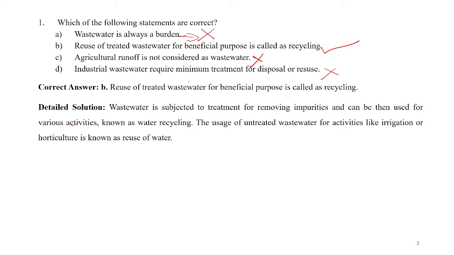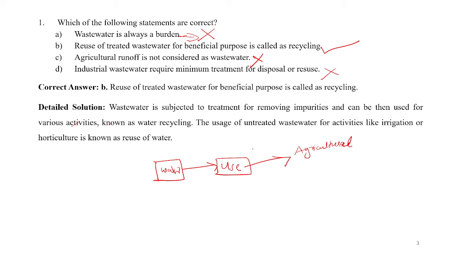The reuse of treated wastewater for beneficial purpose is called as recycling. So there are two terms associated with this. First, you have your water, you are using it. After use, you can use this water without treatment for some purposes like agricultural purposes. In some of the developing countries, it is used for agricultural purposes without any treatment.